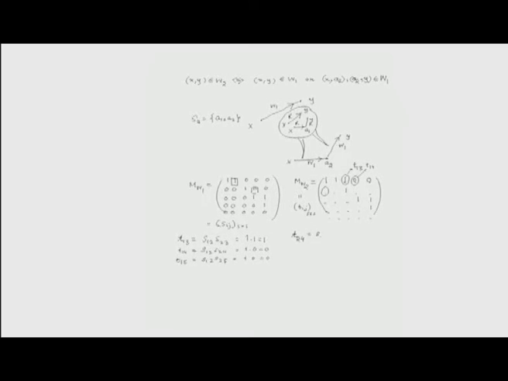T24 is S22 into S24. S22 is 0, therefore, I have 0.